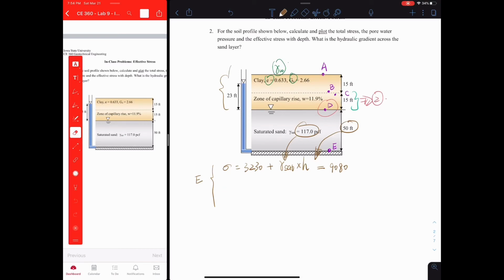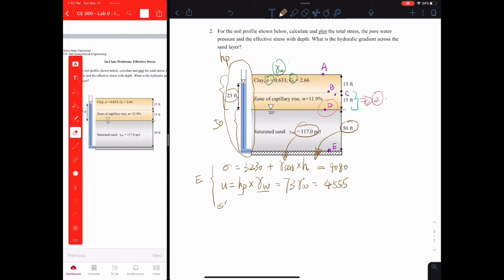Okay, and how about the pore water pressure of point E? As we can see, there is a standing pipe here which shows the pressure head of point E. So here we use pressure head multiplied by gamma W to calculate the pore water pressure of point E. Gamma W is still a constant, and the HP should be this part 50, this part 20 and this part 23, and the final answer is 73 times gamma W, which is 4555.